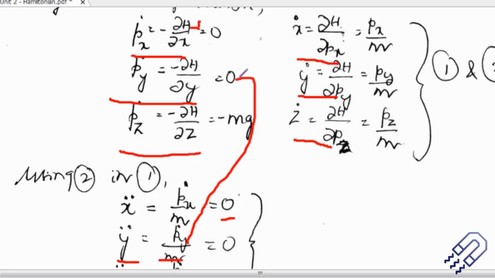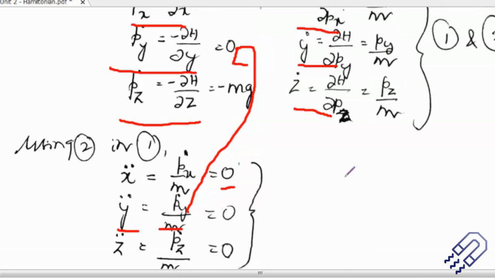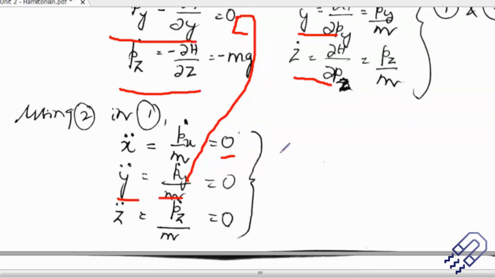Again, py dot is equal to 0. So this also I can put it as 0, right? Finally, z double dot is equal to pz dot by m. Pz is fine. But then if you take pz dot, there is no z component, so this is also going to be 0, okay?